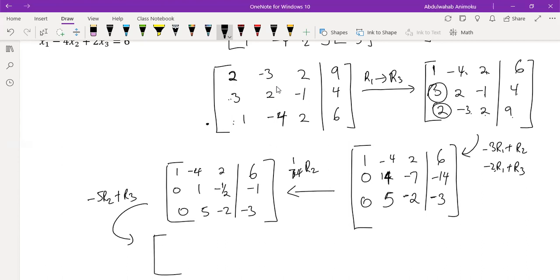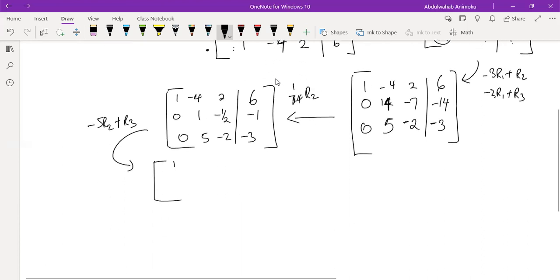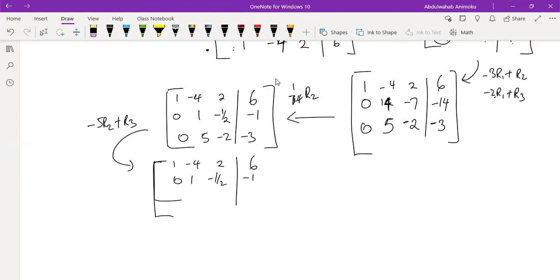Now what do we have? We have 1, minus 4, 2, 6. Then what do we have on the second row? We haven't changed this, so this remains. And finally, on the last row, what do we have? We have 0, minus 5 times 1 plus 5, that will give us 0 as well.